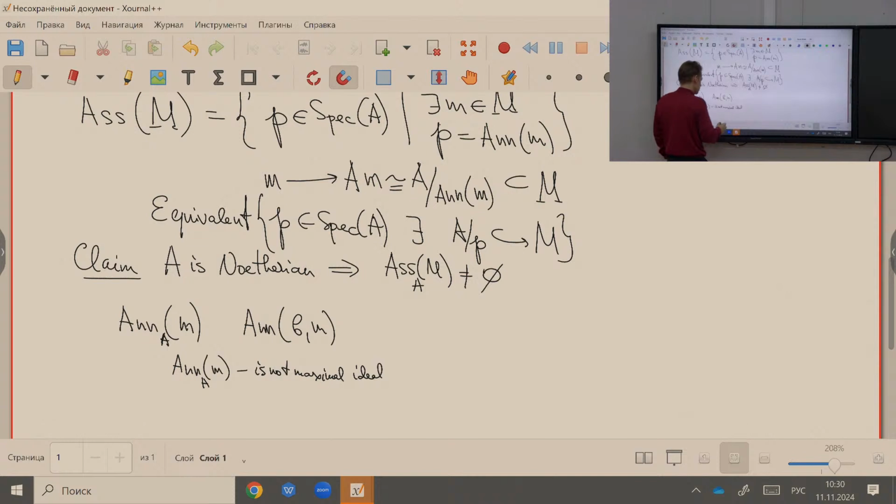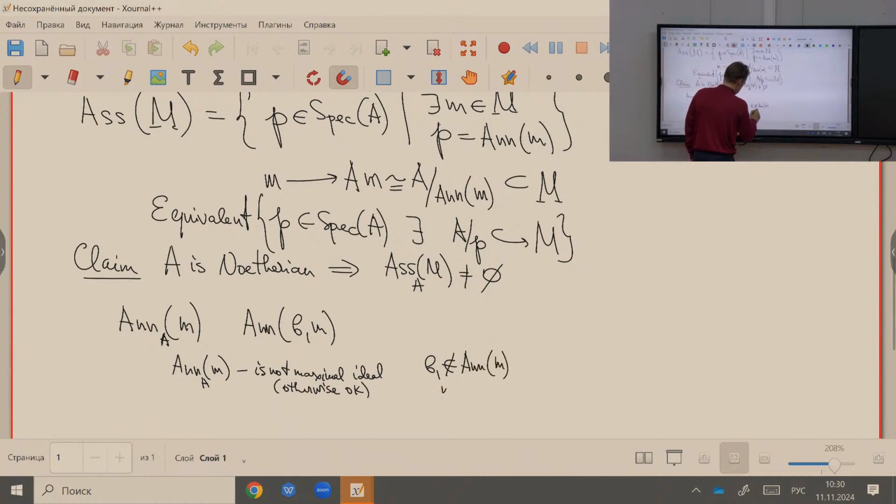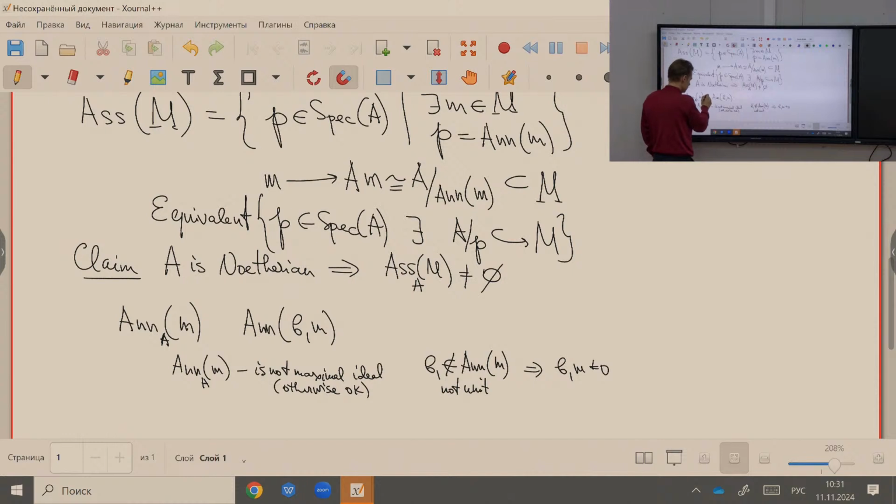Otherwise, if it is not maximal, then there is b1 that doesn't belong to the annihilator of m, and it is not a unit. So that means you will have b1 times m not equal to 0. So you can consider such a chain of increasing elements.